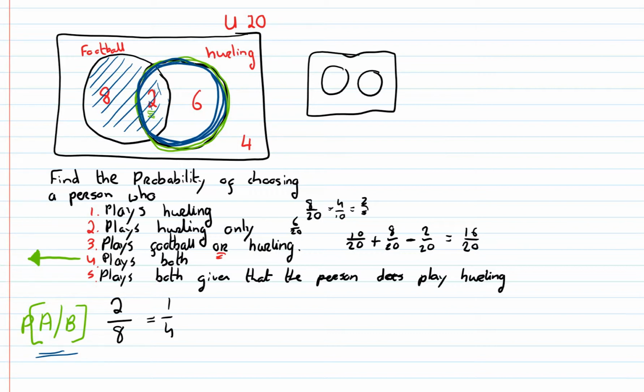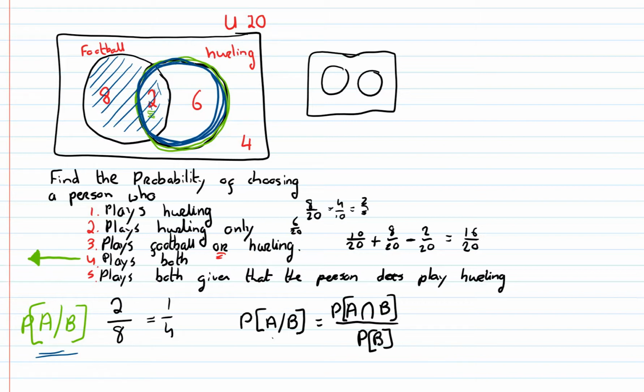But if we want to look at the formula, the formula says the probability of A given B, the probability of getting A when B has happened, is the probability of A intersection B all over the probability of B. Now that makes sense.